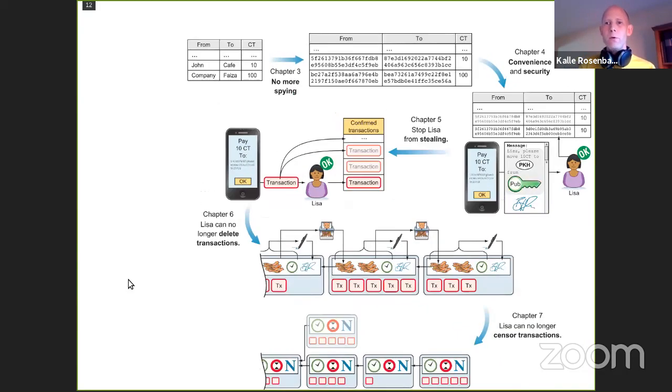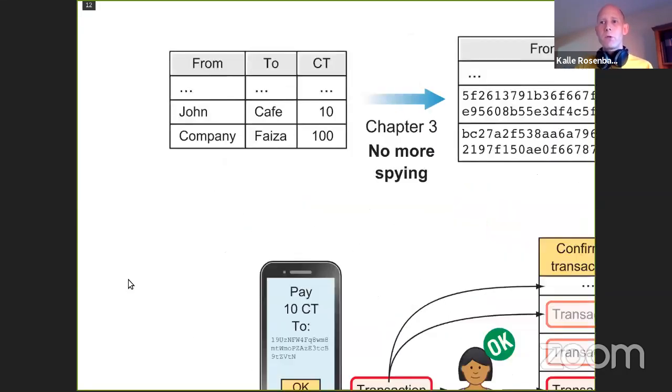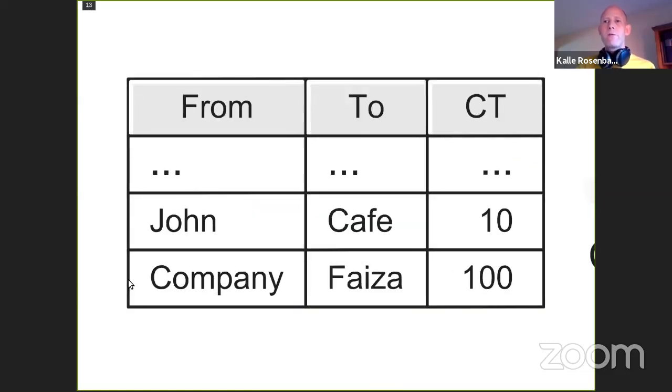Chapter 2 also sets the stage for the rest of this book by creating a very, very simple payment system or money system that we call cookie tokens. You can use these cookie tokens to buy cookies, for example, at the cafe. The cookie tokens are being tracked in an online spreadsheet that only one person has write access to.